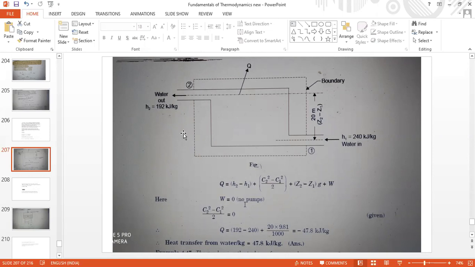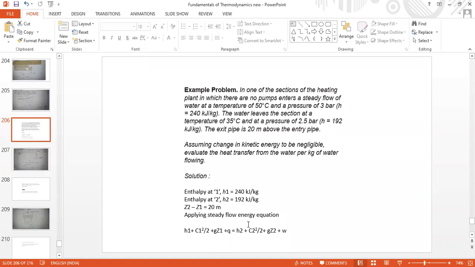So this is a generalized problem where flow takes place in two pipelines like this: inlet at a lower position, outlet at a higher position. All these equations are the consequence of the steady flow energy equation.